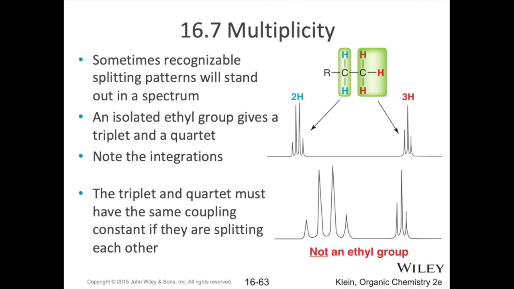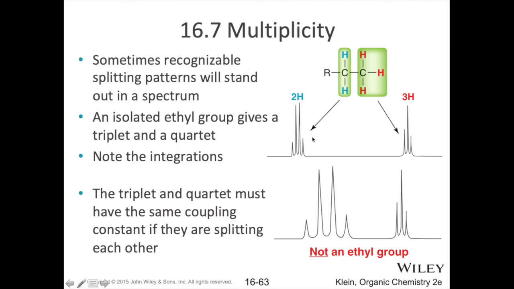Now, one of the neat things about this ethyl group here is the fact that you have this methyl group here with three hydrogens, and this CH2 group, this methylene group here, with two hydrogens, and they cause each other to split, right? They're going to be within that three bond range. So your methyl group is going to be split into a triplet by the two hydrogens of your methylene, and likewise your methylene is going to be split into a quartet by the three hydrogens of your methyl group.